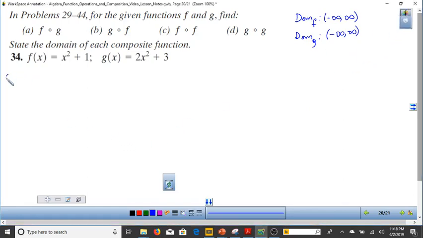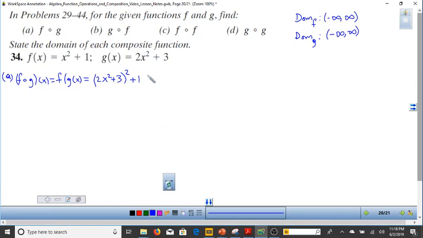So this one is just basically finding the composition. f of g of x really means f with g of x substituting in for x. Just like our example, I do 2x squared plus 3, squared, plus 1, because I plug g into f.